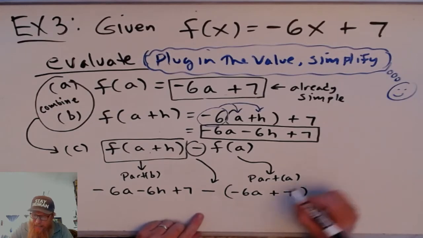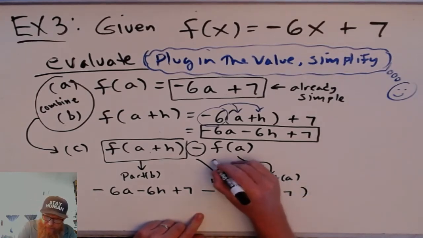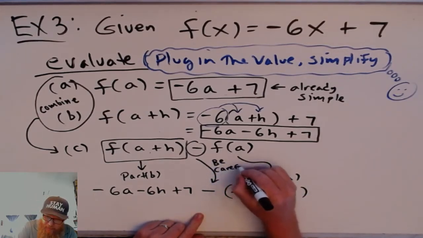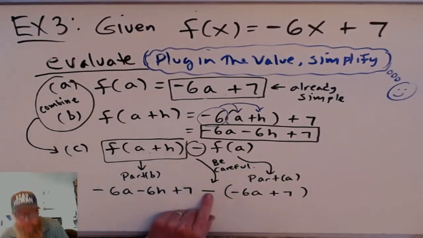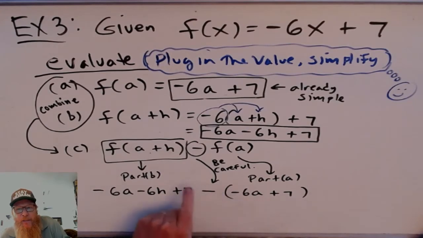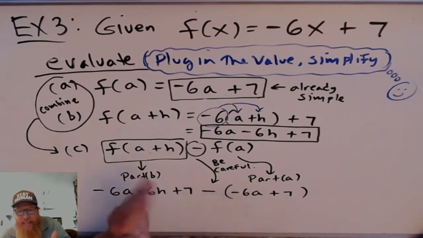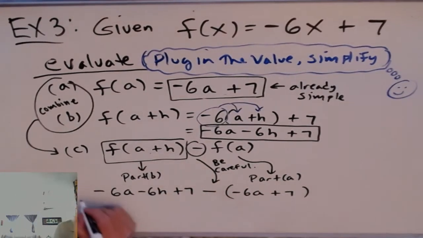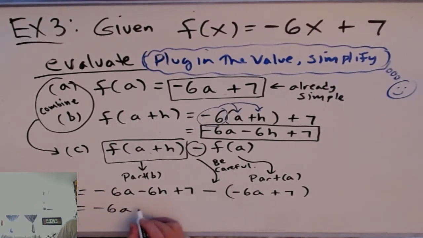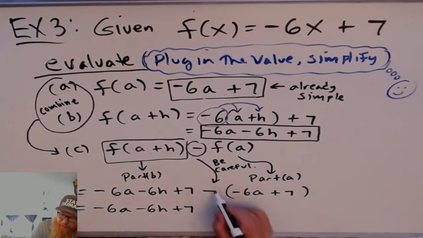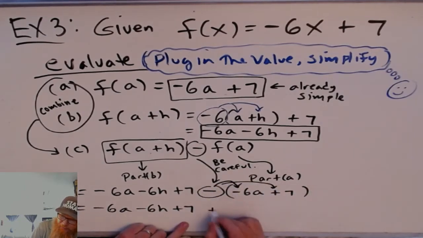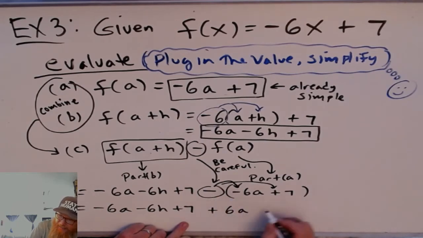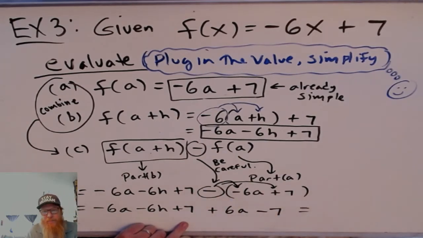You need to be careful. And not only am I telling you to be careful, but I'm telling myself to be careful. That negative sign is going to distribute like an invisible negative 1. And I'm going to get negative 6a, negative 6h plus 7. This negative is going to distribute. Positive 6a, negative 7.